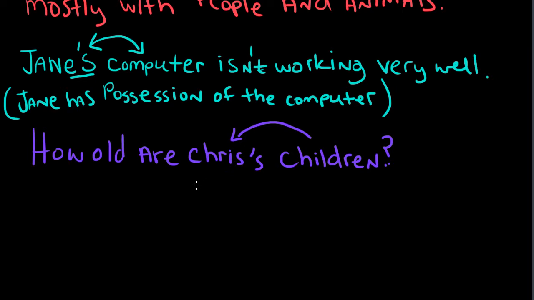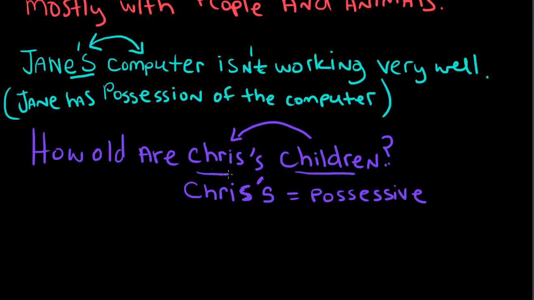So when we have a person's name that has an S, like Chris, which is short for Christina, it can be a boy or a girl's name, you can just add another apostrophe there and add another S, and that makes it possessive. So usually it's the person and then the noun after the person, and that shows the relationship. So it's Jane and then the noun afterwards, and that shows the relationship of possession.